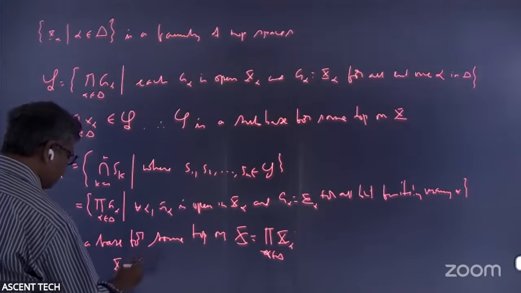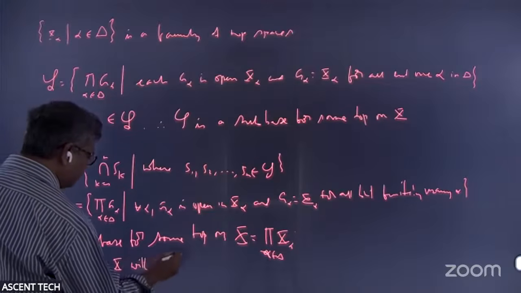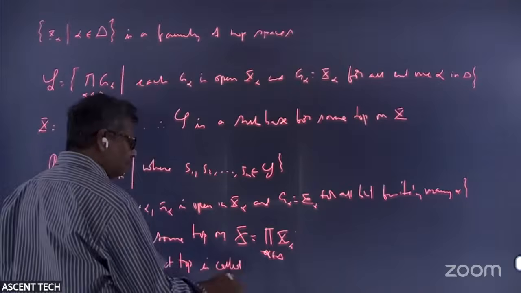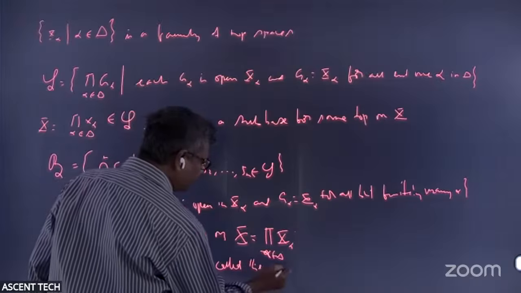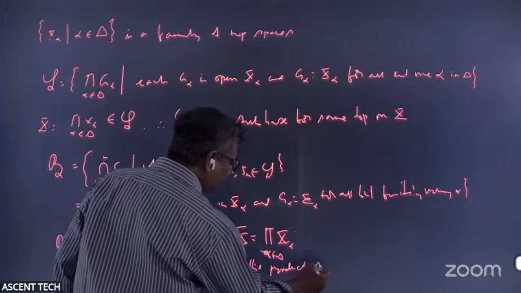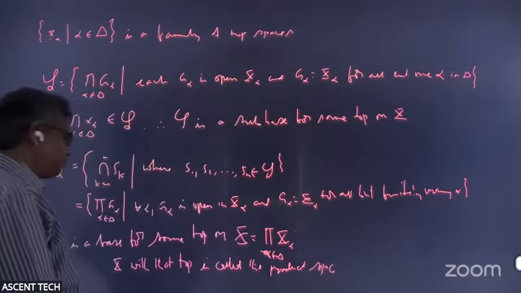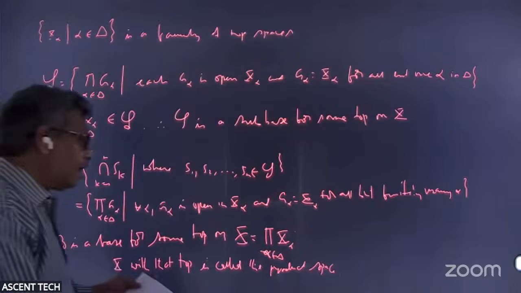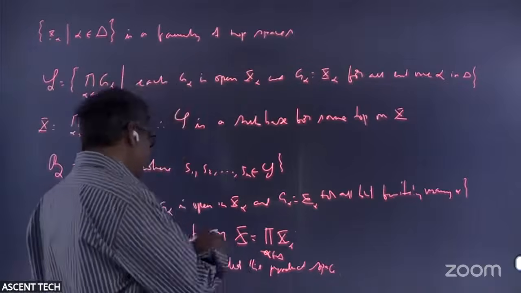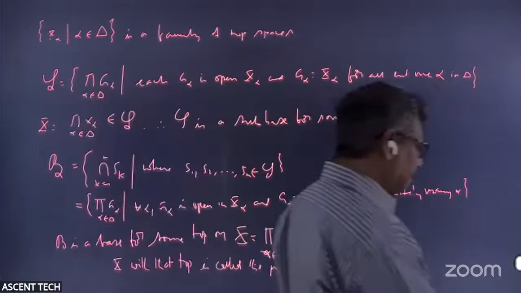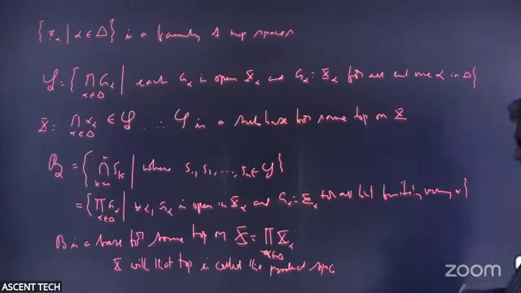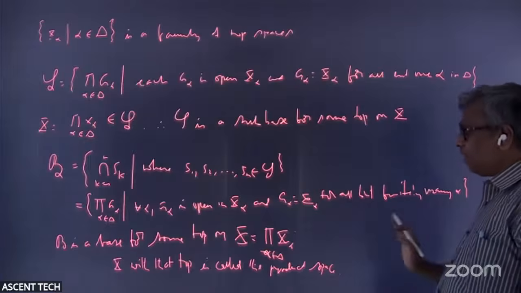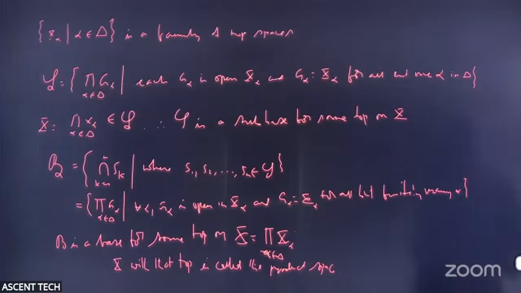We introduced another topology later on, called the box topology. That's a different topology, and you will notice through some examples later that the product topology is the kind we would prefer, not the box topology. We'll come to that.